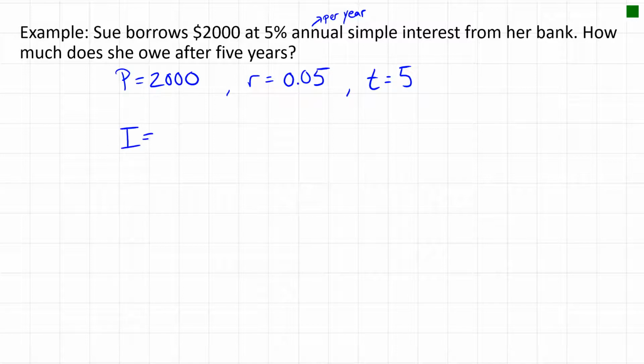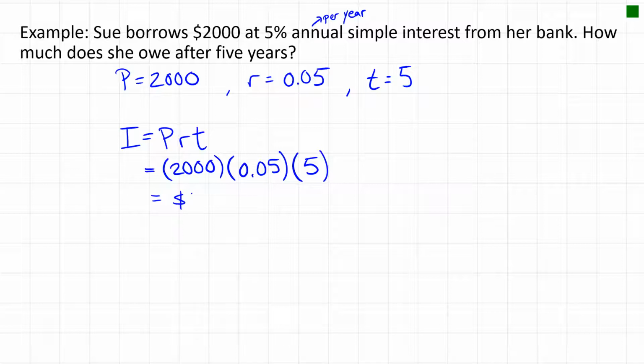Then we can go ahead and put those values into our formula for interest. So P is 2,000, R is 0.05, and T is 5 years. And we plug all of those values in and calculate the interest. So Sue would owe $500. You notice that I didn't put in dollars or percent per year or years.